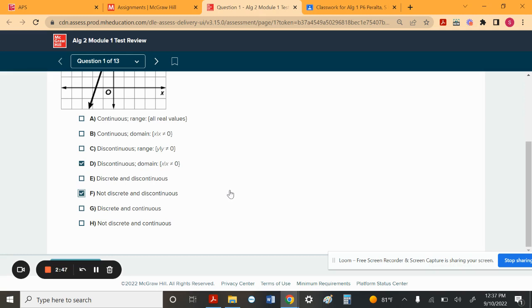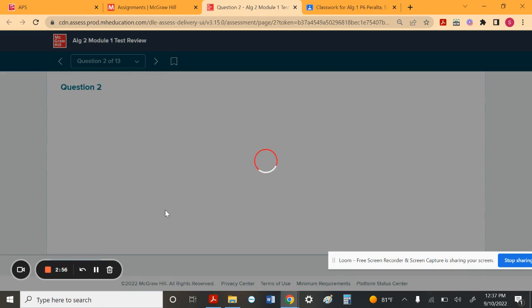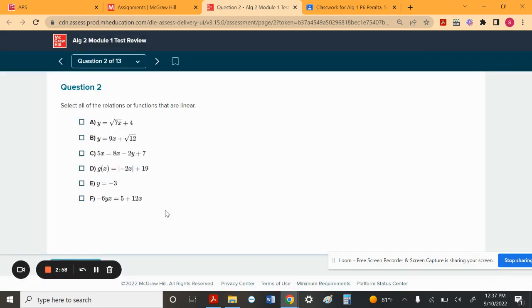I'm going to give you a problem that's either going to be continuous or discrete when you're working with it, so it'll be a little bit more clear. Okay, problem number 2. Select all the relations that are linear. Not linear, because that's not to the first power, that's to the 1/2 power. Both of those are to the first power.